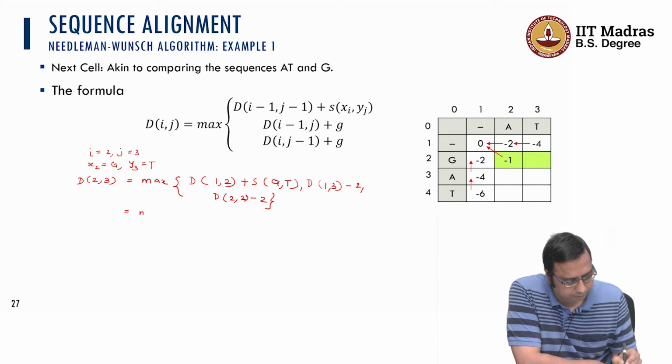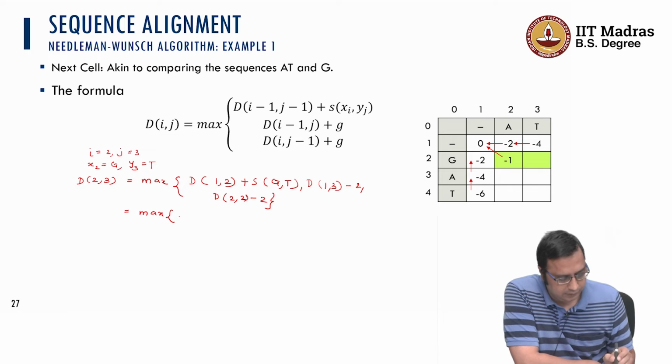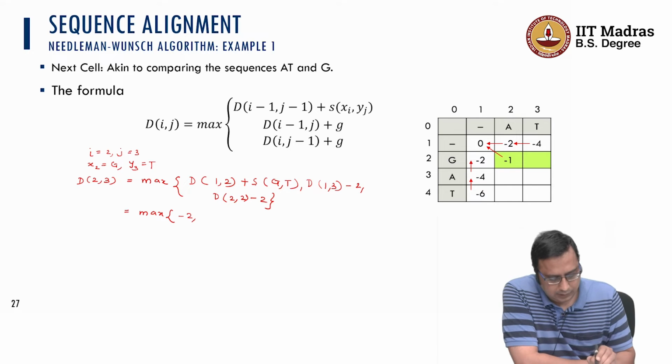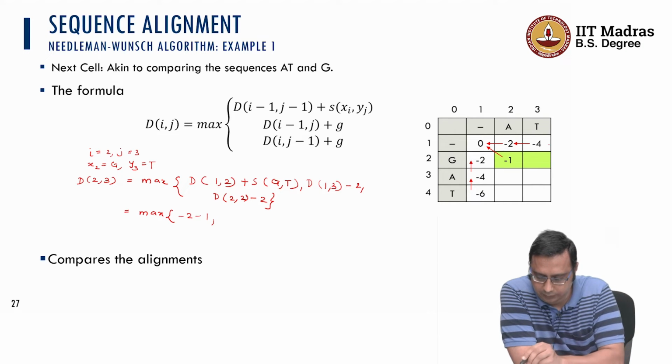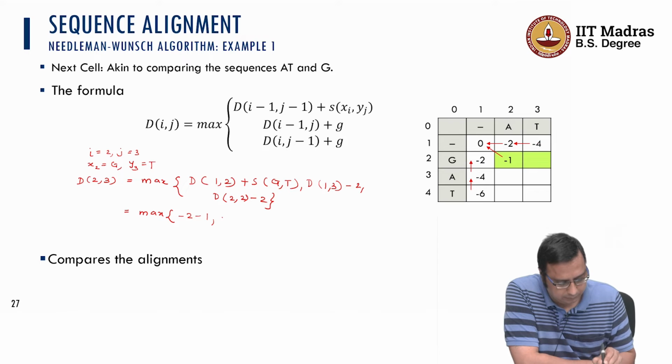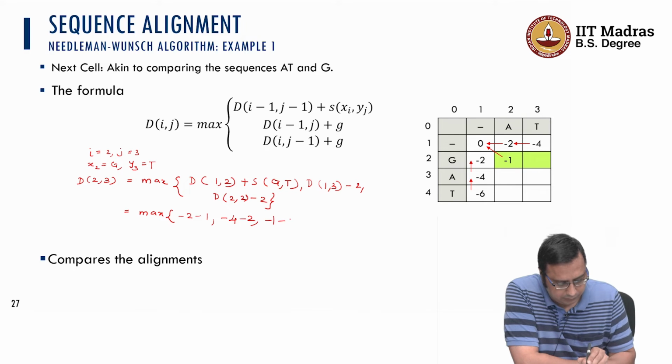So we substitute the max of D12, which is minus 2, plus S of G, T, which is a mismatch, so minus 1; D13 is minus 4, minus 2; D22, which is minus 1, minus 2.